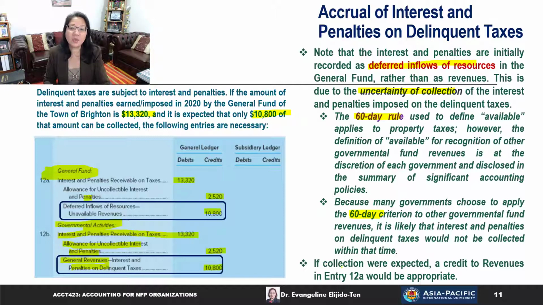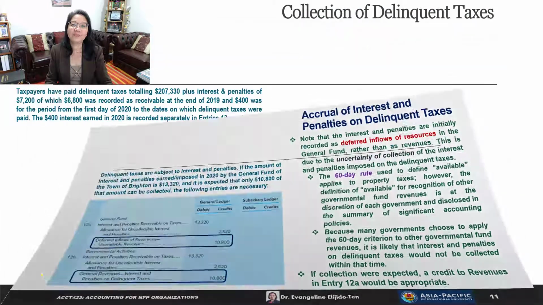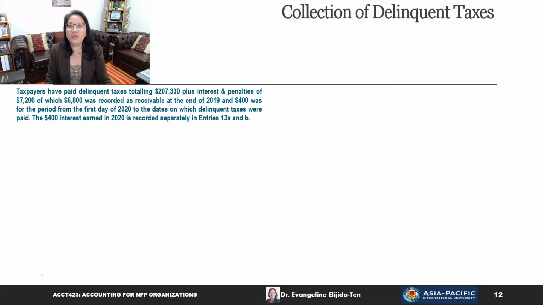If the collection were expected, then a credit to revenues would be made instead of deferred inflows. So the general fund journal entry will be exactly the same as the governmental activities journal entry if collection is expected. All right, let's move to the collection of delinquent taxes.